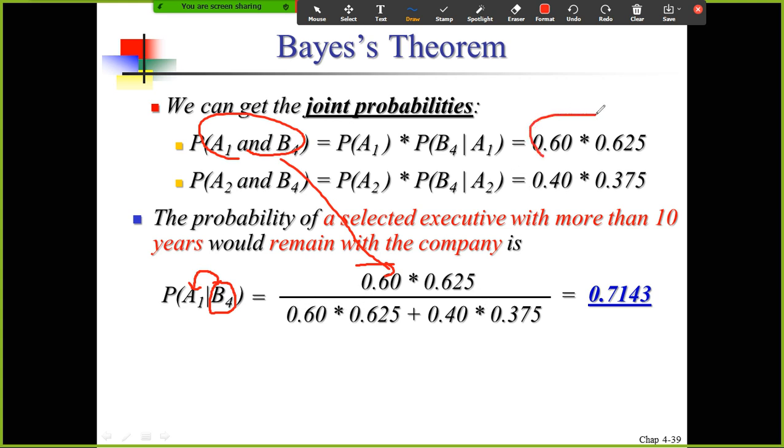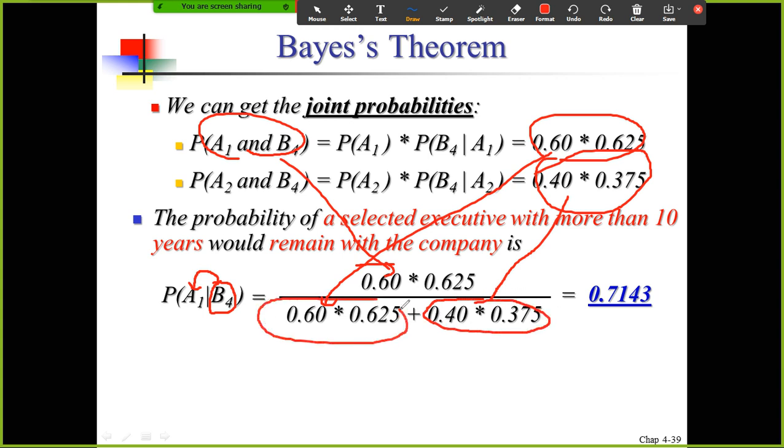What is the total? This one plus this one. That's why the probability that an executive with more than 10 years would remain with the company is the joint probability of saying yes, remaining, and more than 10 years, divided by the total of these joint probabilities.